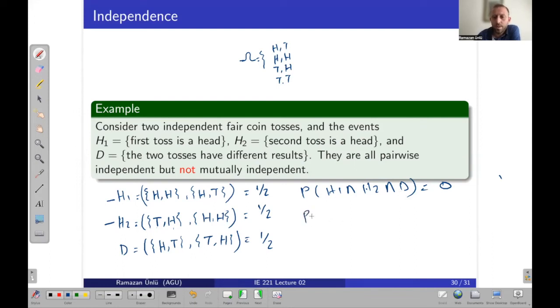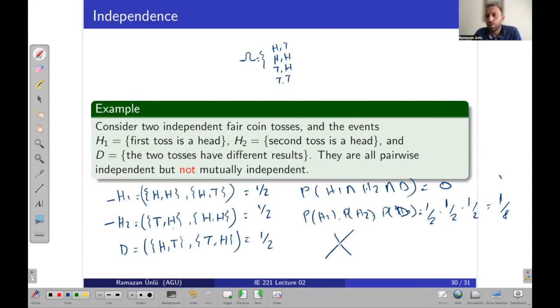What is P(H1) times P(H2) times P(D)? It is 1/2 times 1/2 times 1/2, which equals 1/8. So I cannot say that these events are mutually independent, because this equality is not satisfied.